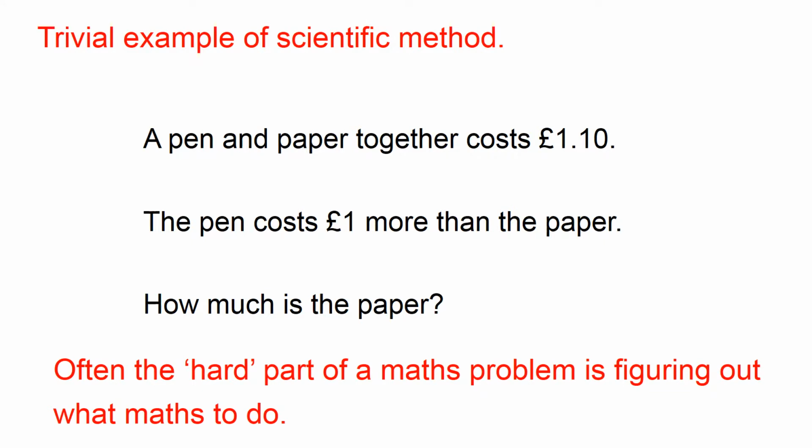So what we can do now that we've got two equations is use our maths tools, and there are lots of ways or routes to solve this. One thing you can do is rearrange one of the equations to isolate one variable on one side. We don't need to do that here, because you've got an equation that says P equals something. So I can then substitute into this first equation.